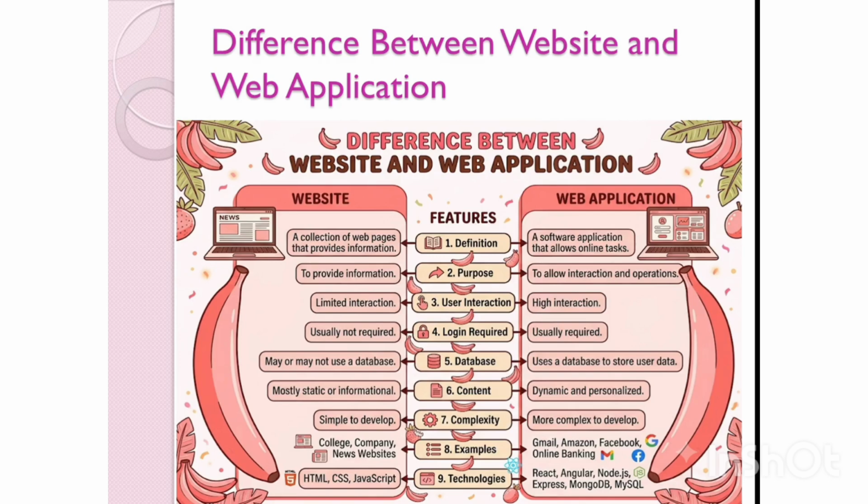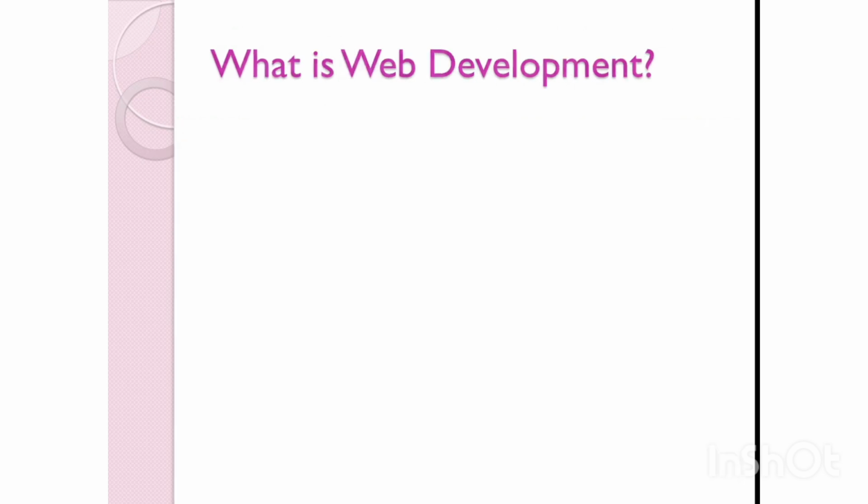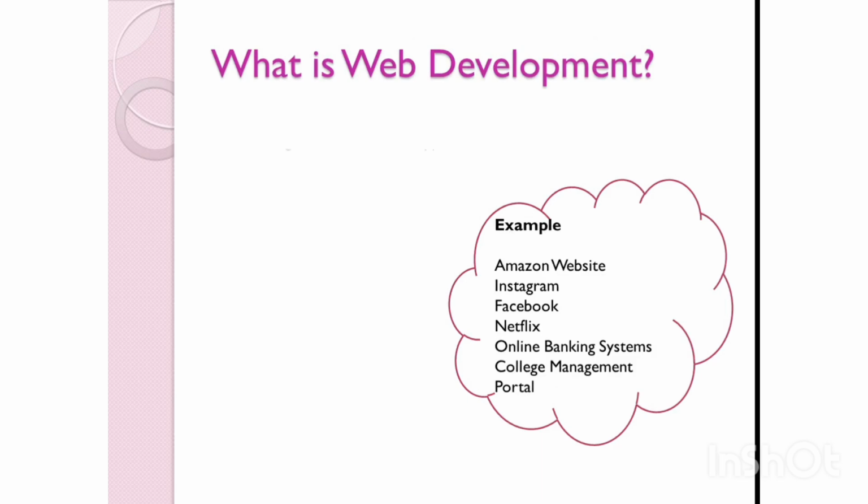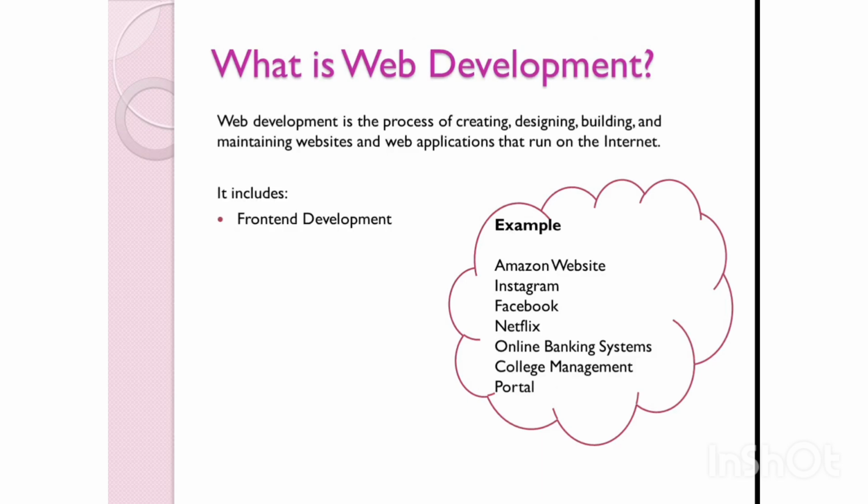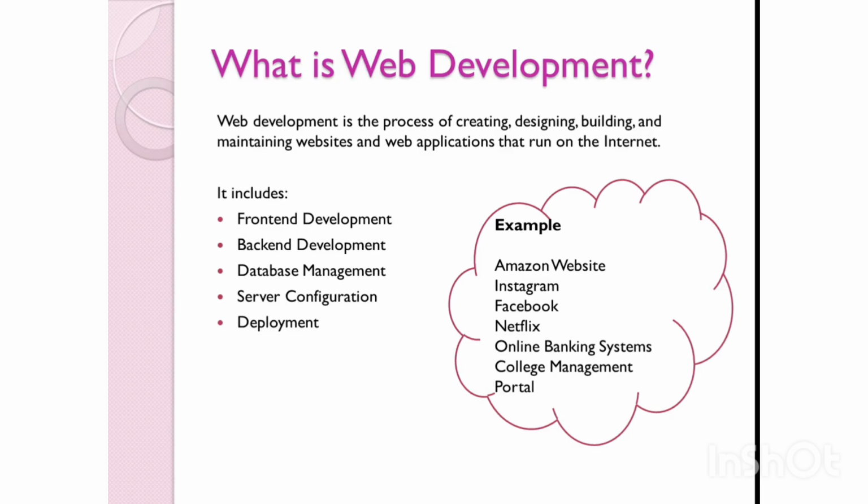Now that we know the difference, let's understand web development. Web development is the process of designing, creating, building, and maintaining a website and web application that runs on the internet. It includes several important areas. The first is front-end development. This is everything users see on the screen. The second is back-end development. This processes users' requests behind the scenes.